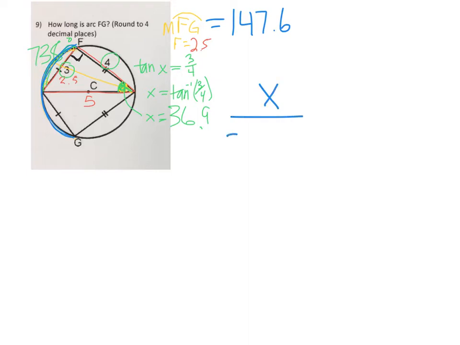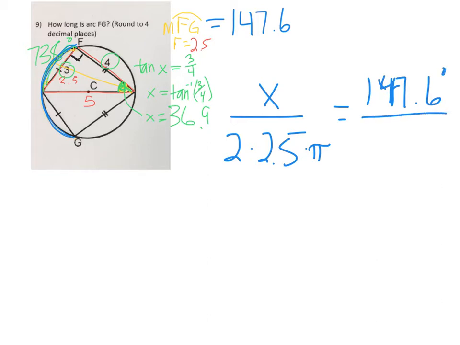So arc length ratio, x over 2 times radius times pi, equals the measure of the arc, 147.6 over 360. So now I cross multiply: 147.6 times 5 times pi.